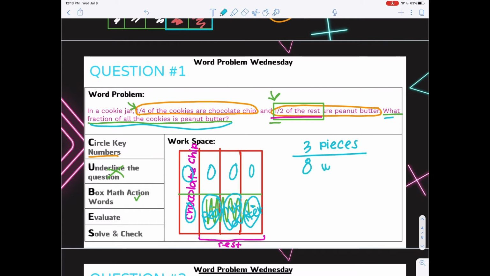So 3/8 is the fraction of cookies that are peanut butter. 3/8 of the cookie jar is peanut butter. And I'm just going to write that down. This answer is 3/8 of the cookie jar is peanut butter.